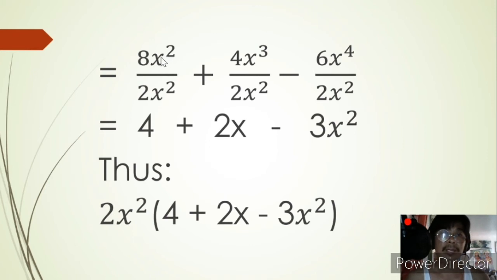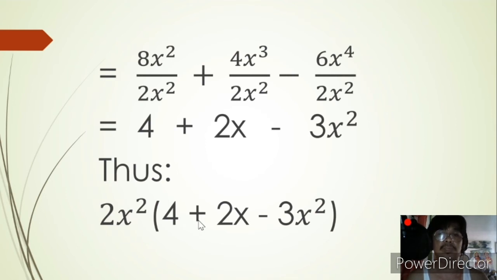Thus, we have 8 divided by 2 is 4, and we cancel out x squared because that is equivalent to 1. And then 4 divided by 2 is 2, and 3 minus 2 is 1, that's why we have x. And then 6 divided by 2 is 3, and x to the fourth power divided by x squared is x squared.